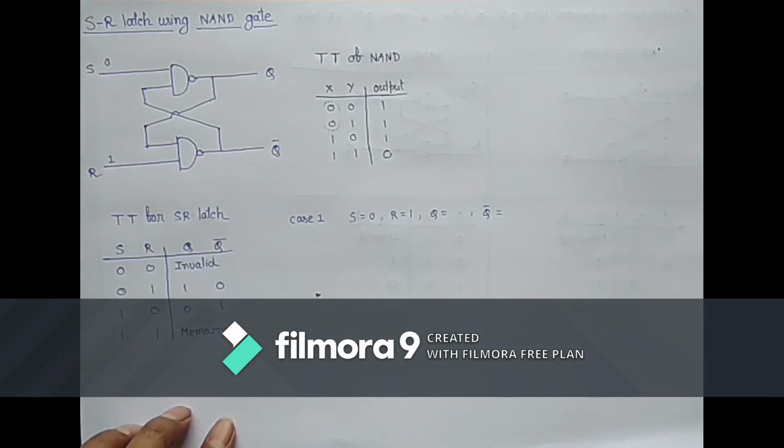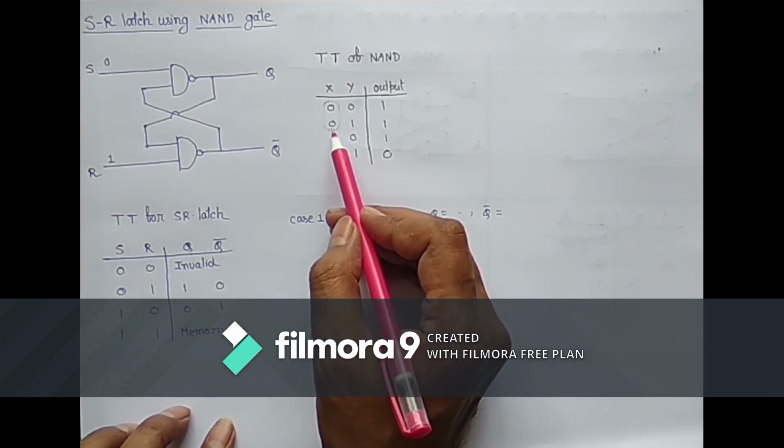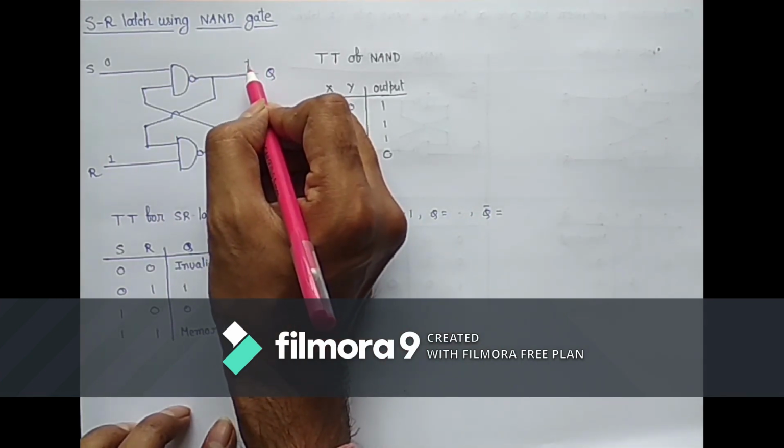Now you know that if any input of NAND gate is 0, the output is 1.